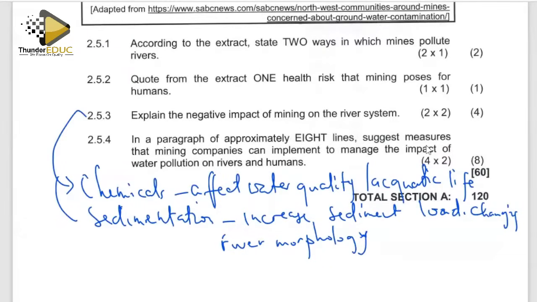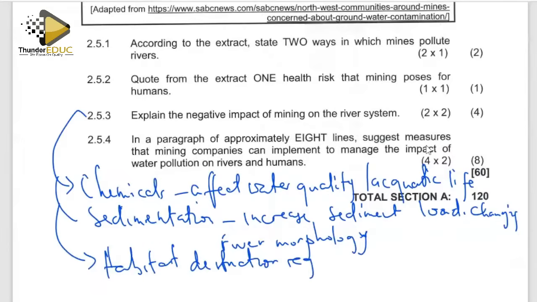We are now finding fluvial landforms of the lower course in the middle course because of the excessive sediments that have been deposited into the river through mining activities. Then we can also talk of habitat destruction, for example destruction in the river banks or around the wetlands.